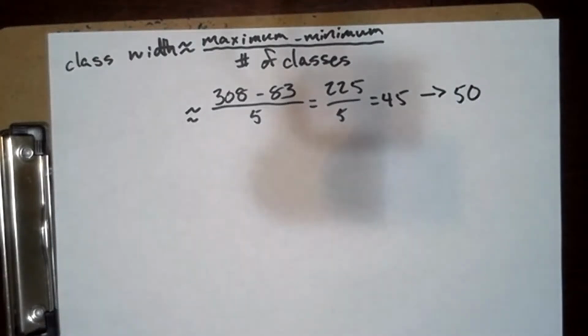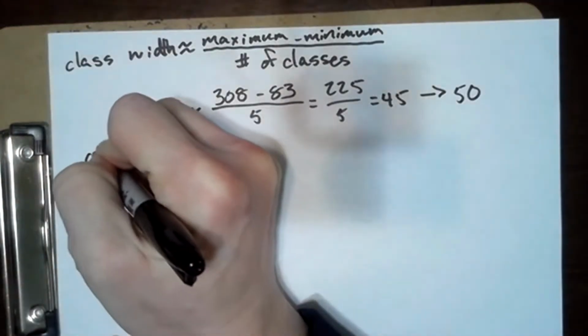Next, we need to find the class limits. We're going to start with the lower class limits, and the lower class limit should be 83, or a number that is close to 83, less than 83, but nicer. I am going to use 75 for my lowest class limit.